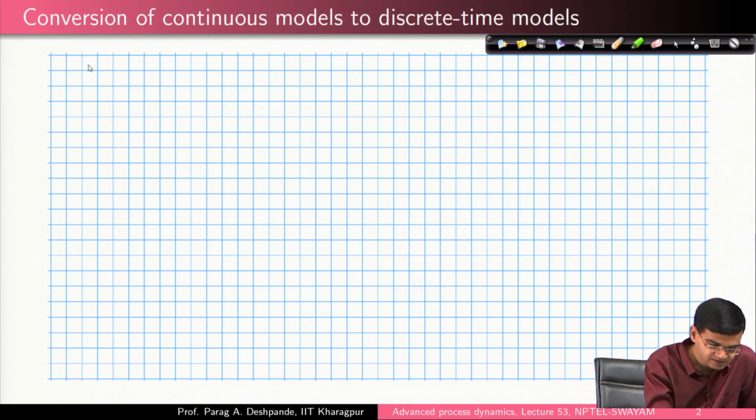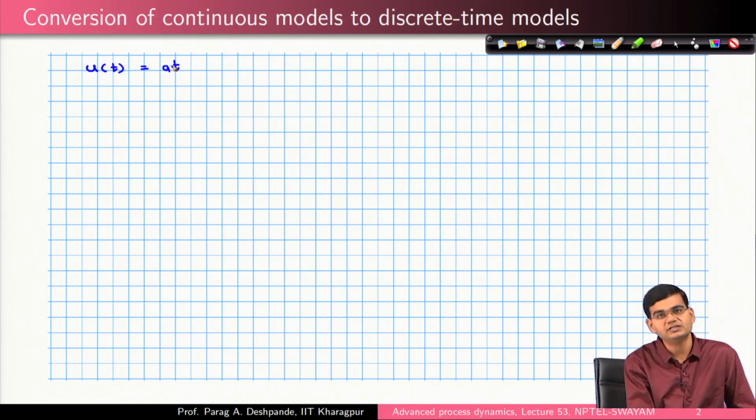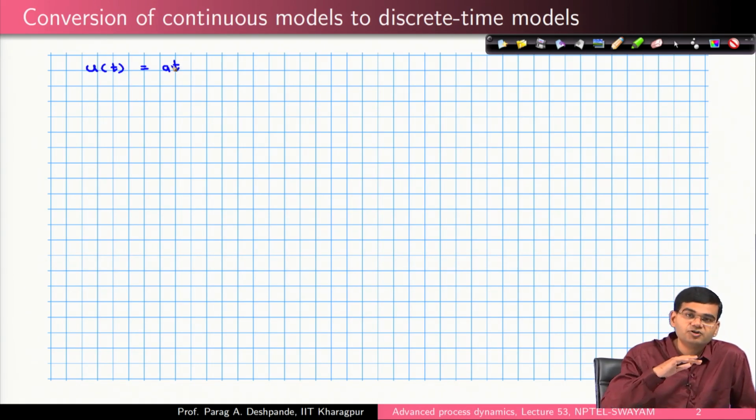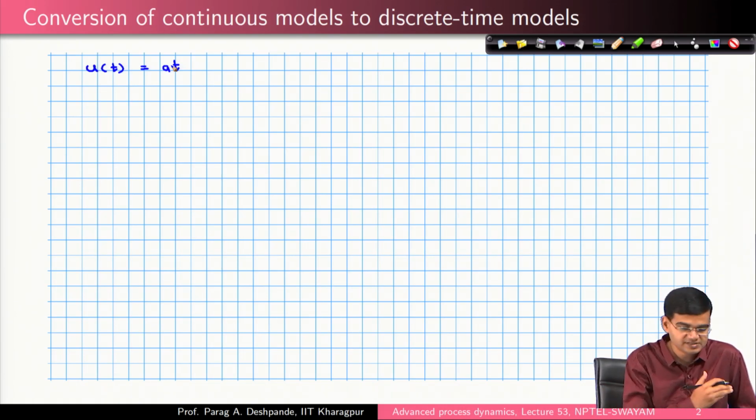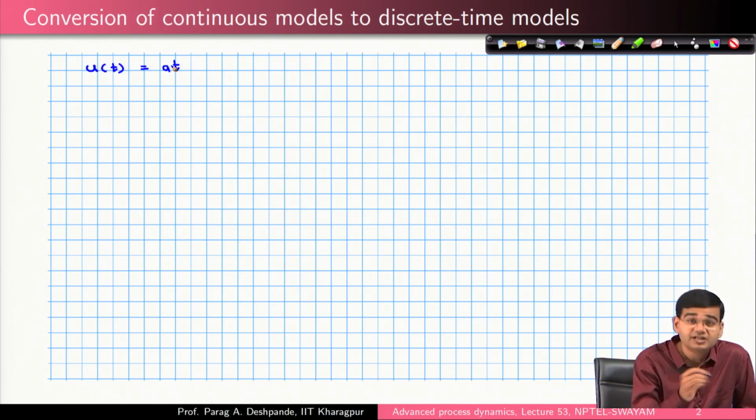So, I have u of t is equal to at. What would be the discrete time analog of this? How would you do that? Well, let us see if we can get it from here.